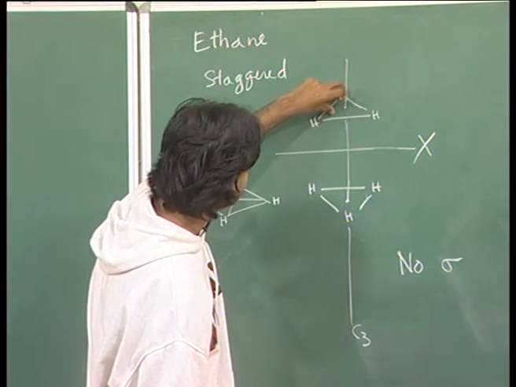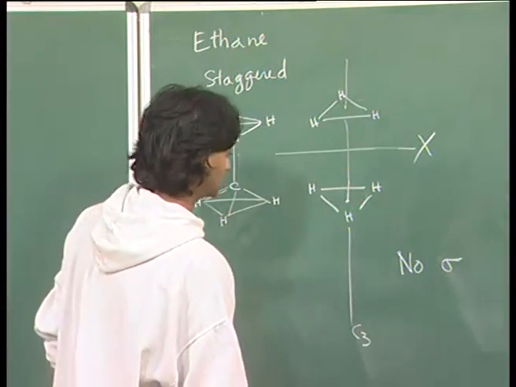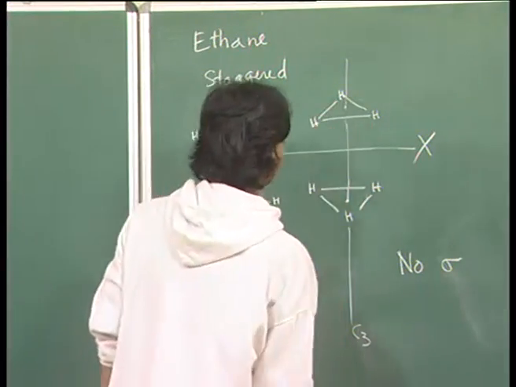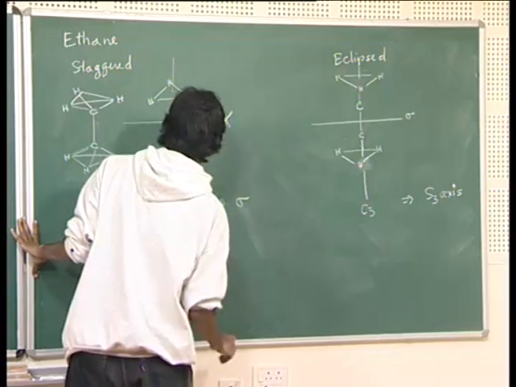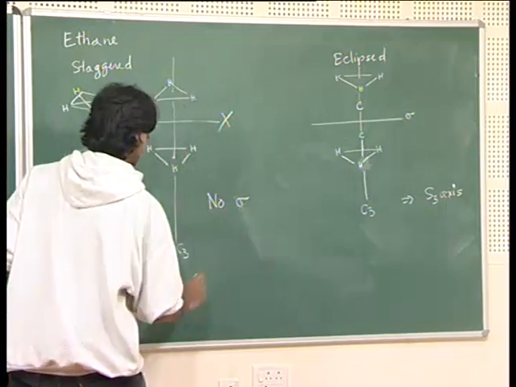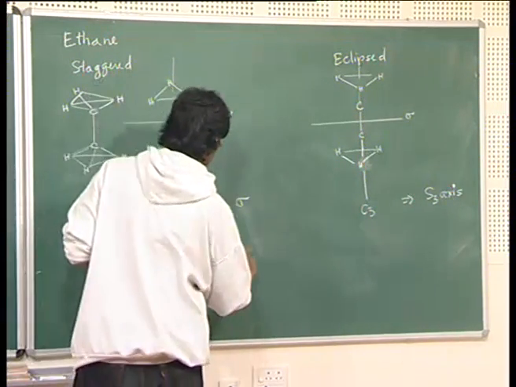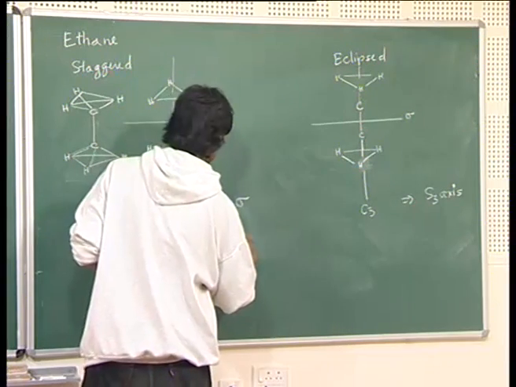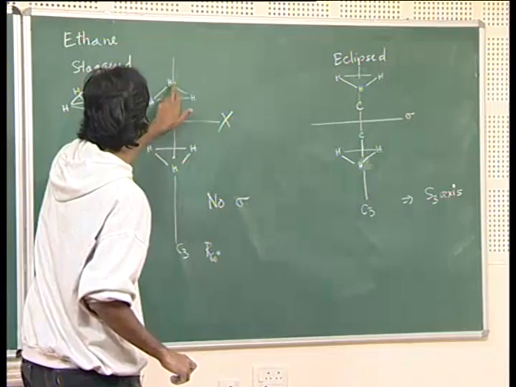However, you can do one thing. You can rotate this by 60 degrees. Okay, so if you rotate by 60 degrees, that will give you, in that case, this H will come here, this H will go here, this H will go here.